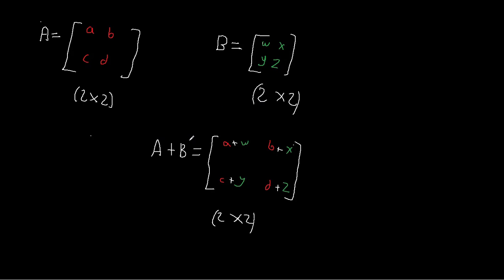So when we add matrices together, we add the individual elements, and we do not change dimensions.